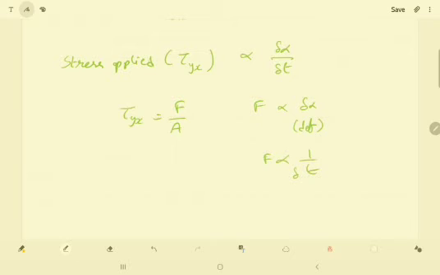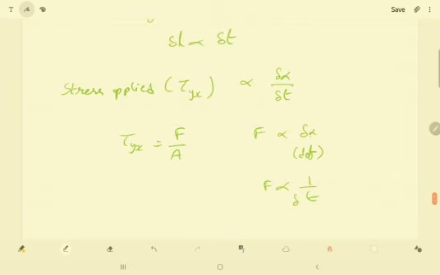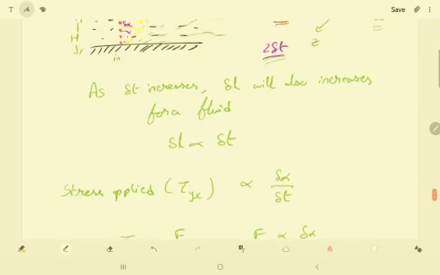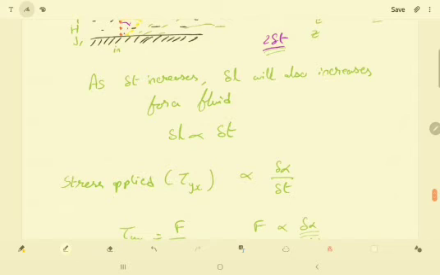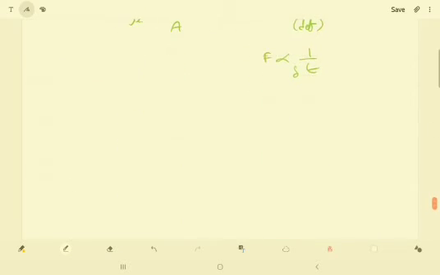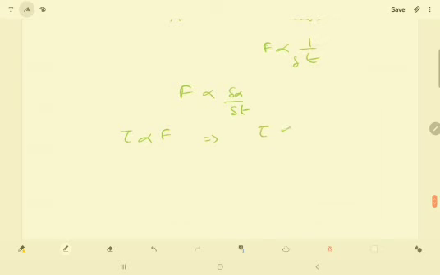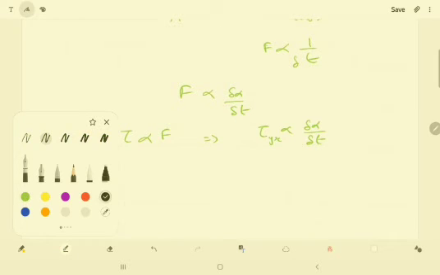If the time increases, then the force will automatically decrease. If the force increases, then automatically the deformation also increases. It's a general topic that each and every one of you can know. So force is directly proportional to delta alpha by delta t, and as stress is directly proportional to F, this implies tau yx also is directly proportional to delta alpha by delta t.